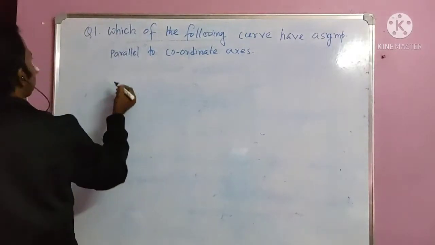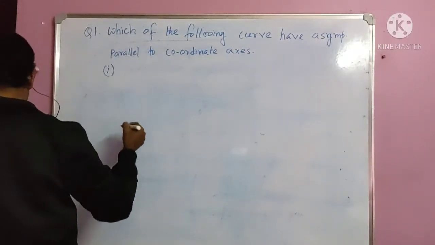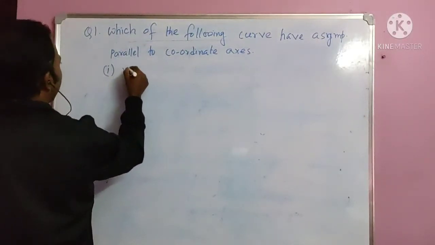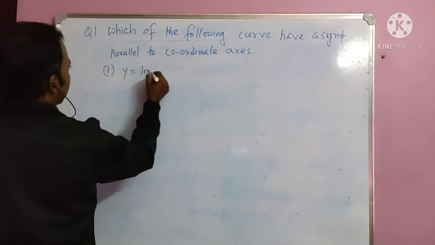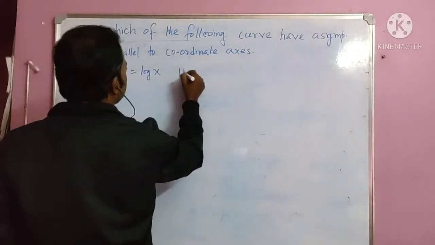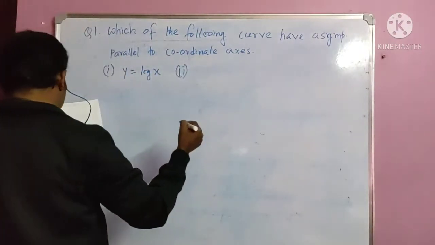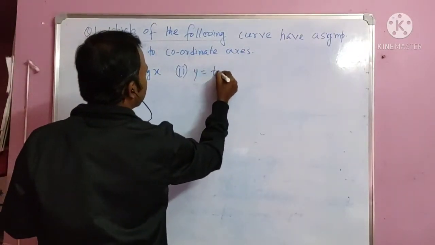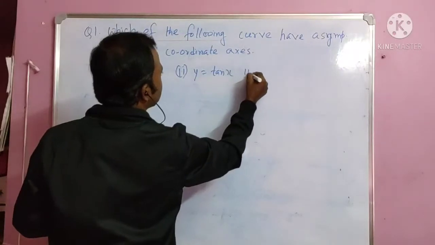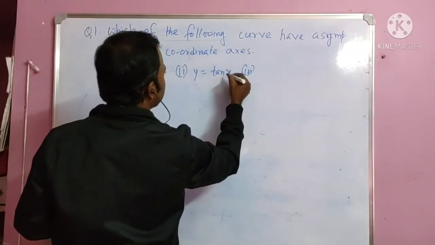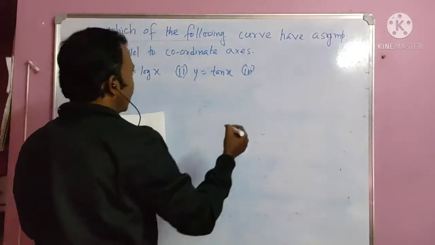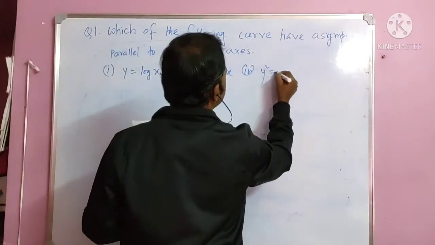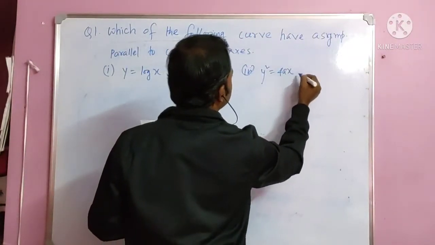Number 1 is y equals log x. Number 2, y equals tan x. Number 3, y squared equals 4ax.